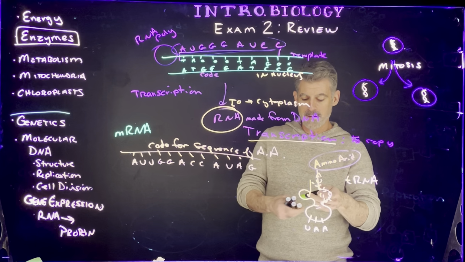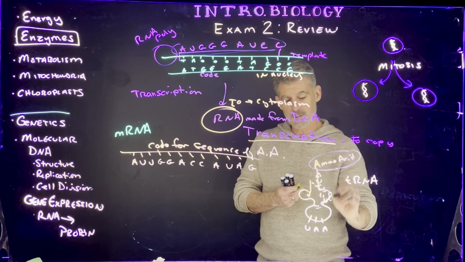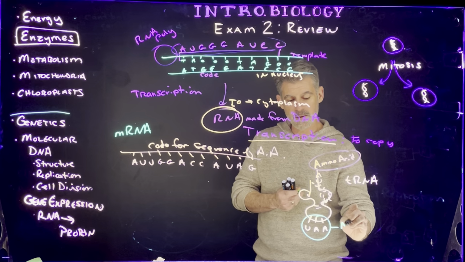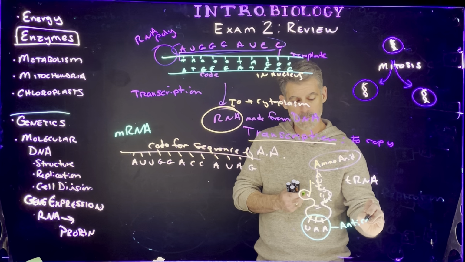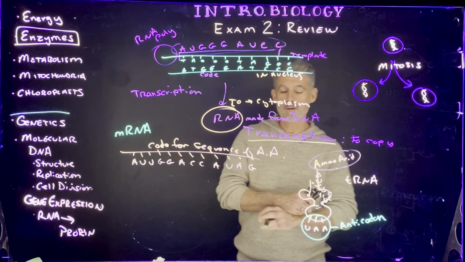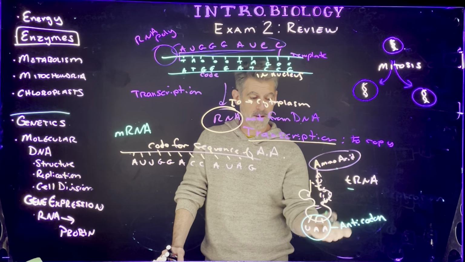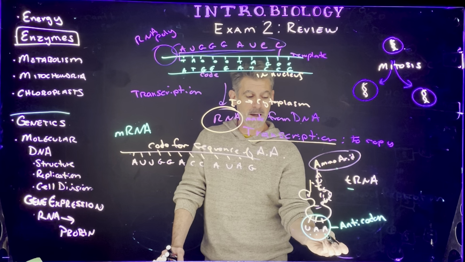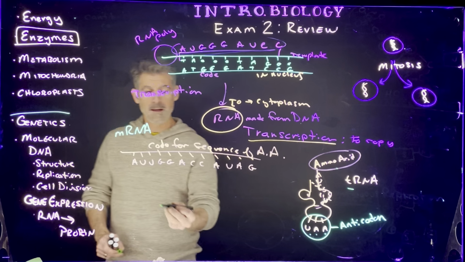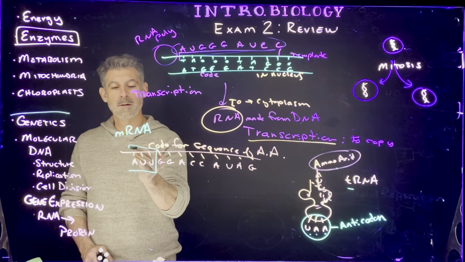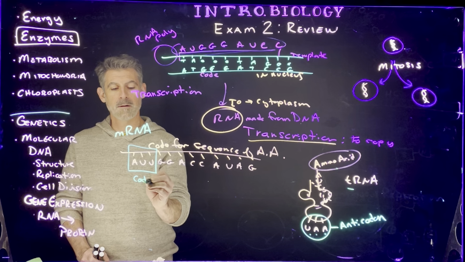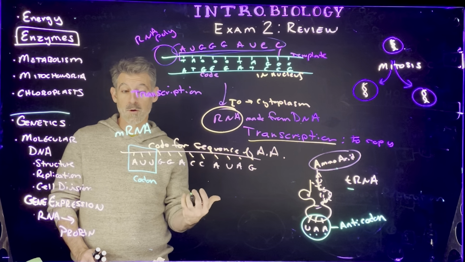And that amino acid is very specific, and it's related to whatever the code is down here. And that code's called an anticodon. So it's the very bottom of a transfer RNA molecule. There are 3 nucleotides that are an anticodon. They would pair up with a messenger RNA codon, which is also a group of 3.